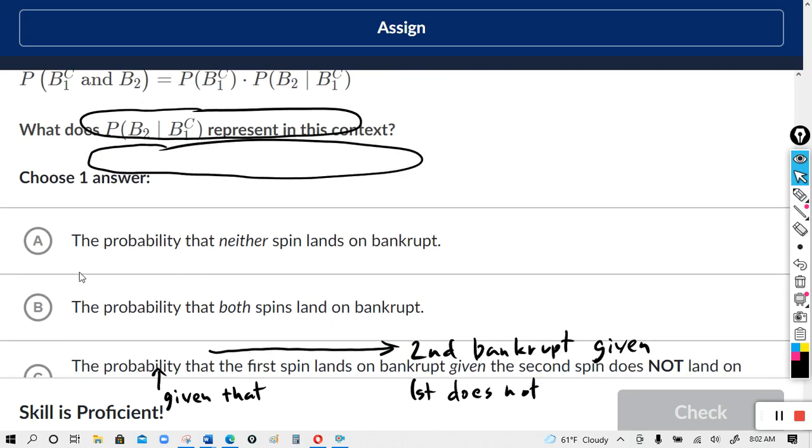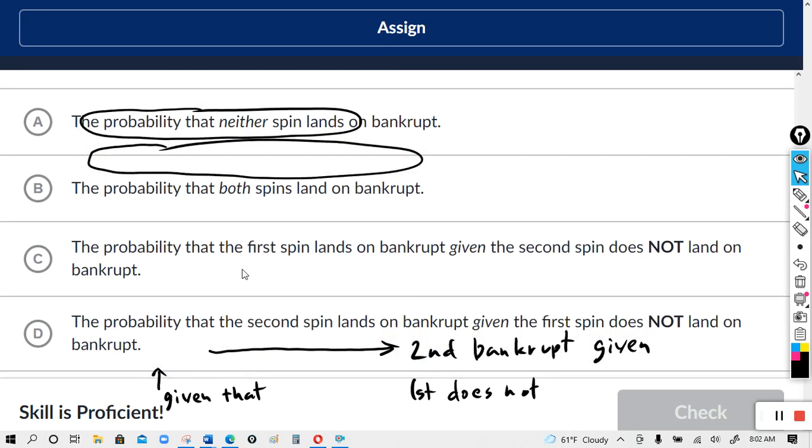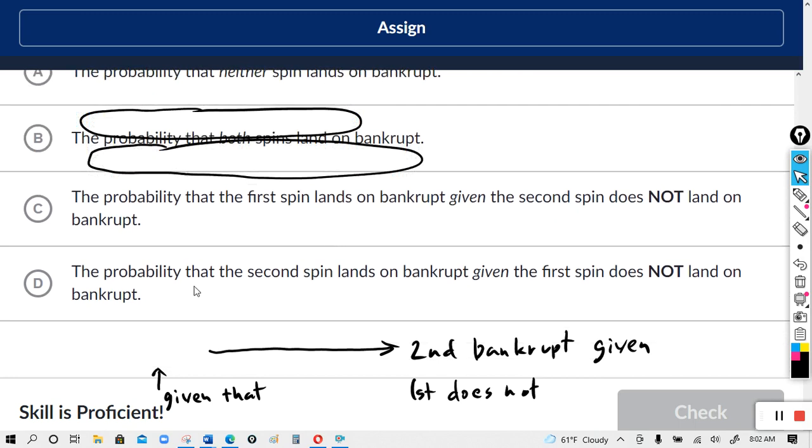So skip the first two. A is neither, B is both. Look for the ones that say given. Probability that the first lands on bankrupt given that the second does not. How about D? Probability that the second lands on bankrupt given that the first does not. That's what we said. So it's answer D.